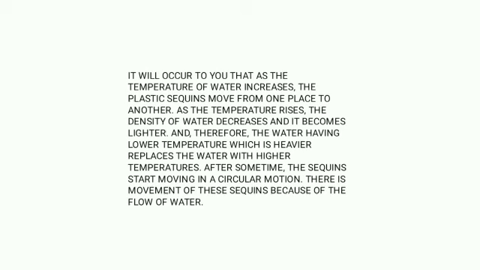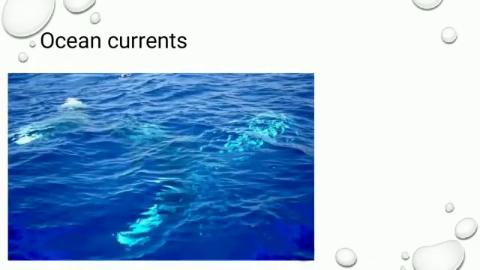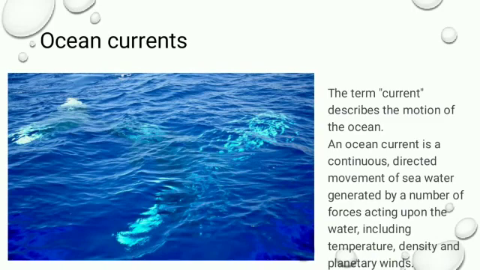In the same way, on the earth's surface, there is a flow of water in the ocean, known as ocean currents. The term current describes the motion of the ocean, and an ocean current is a continuous directed movement of sea water generated by a number of forces acting upon the water.